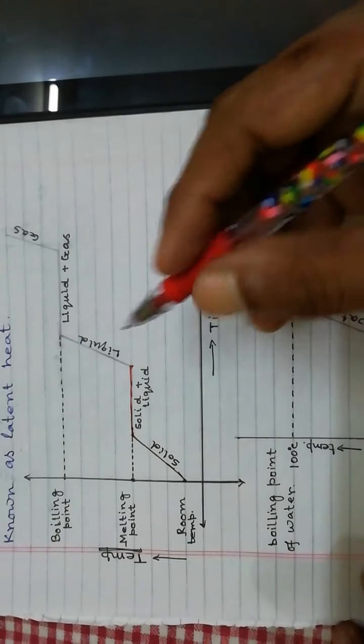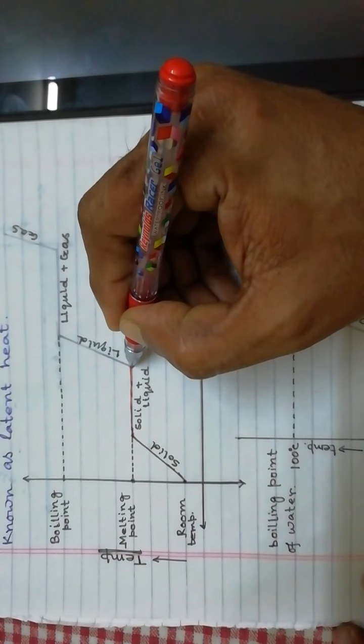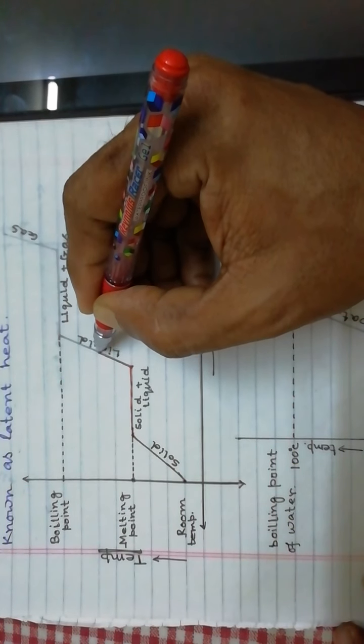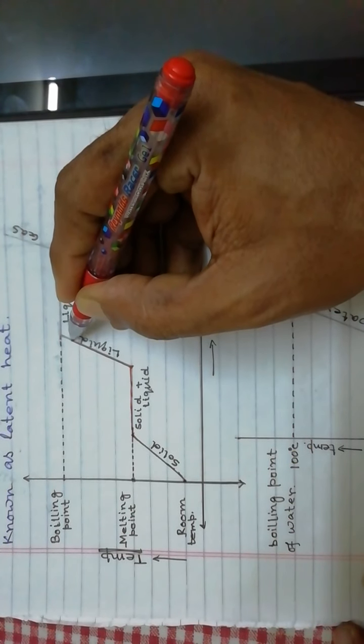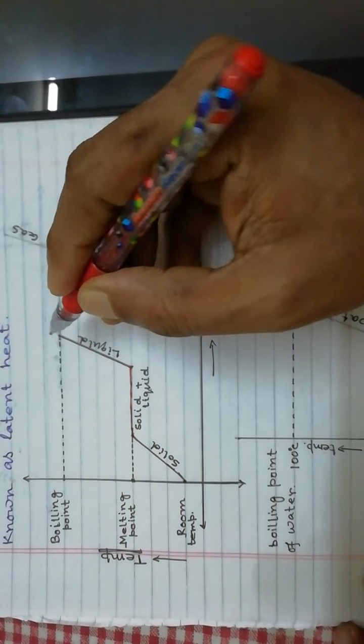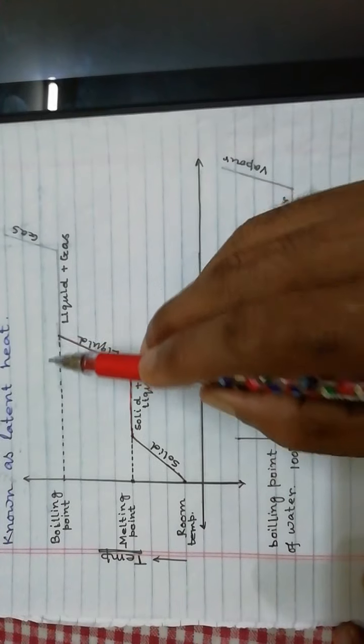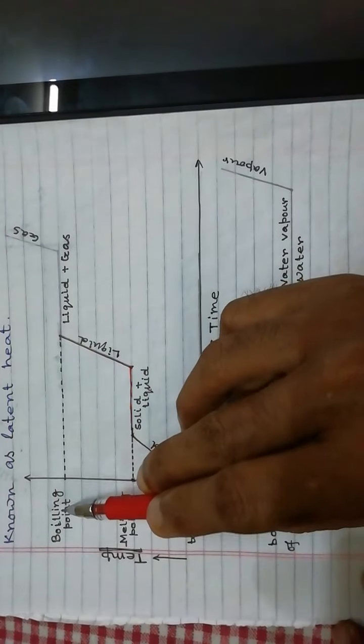Now the temperature of the liquid again starts to increase. It is going on. But when the temperature reaches the boiling point of that liquid, then the liquid starts to boil and is converted to its vapor state.